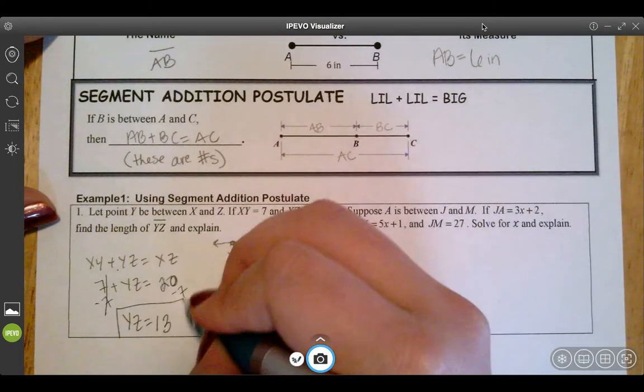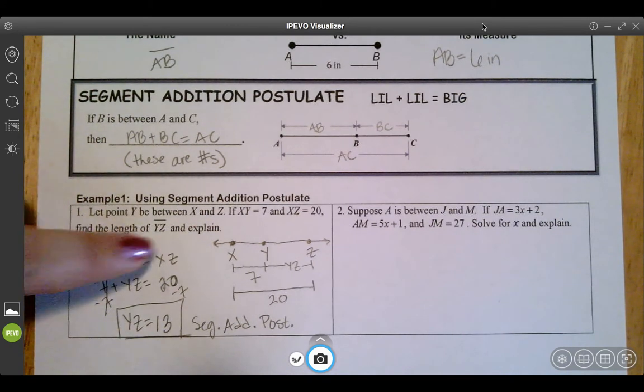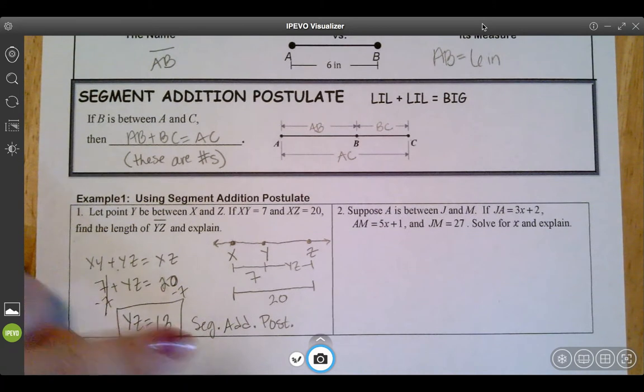YZ equals 13. I especially like to go back and make sure that I have answered the question being asked. So I'm going to go back and say, find the length of YZ and explain. I found the length of YZ and I explained how I found it.